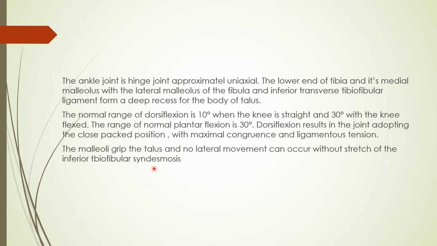So fibula is very strongly attached to the tibia. Medial malleolus is a part of tibia. So two malleoli are difficult to separate from each other. So no lateral movement occurs.